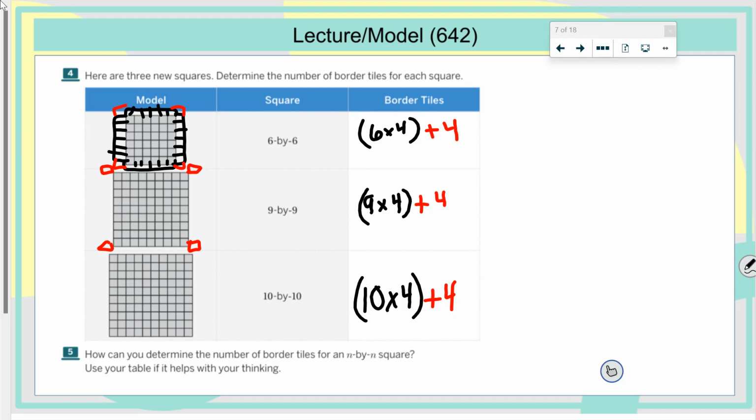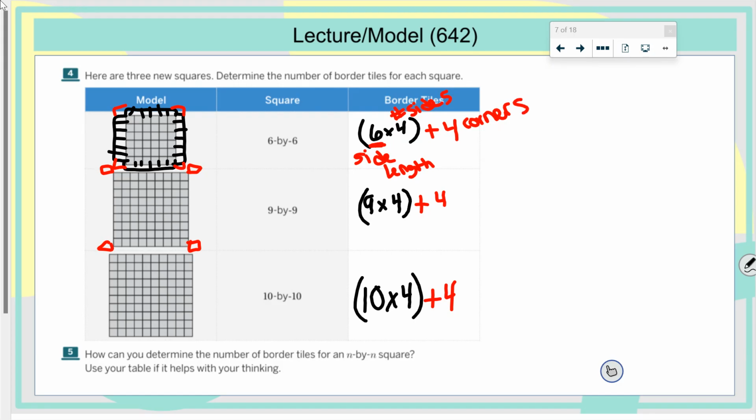Let's look at the expressions that we wrote. For each expression, we multiplied the side length times the number of sides, and then added in the corners. Let's apply that to n.